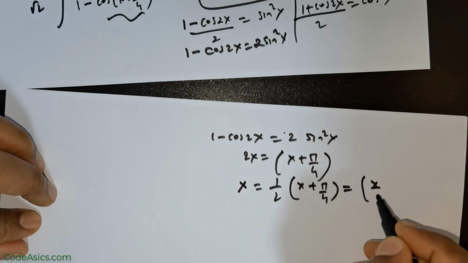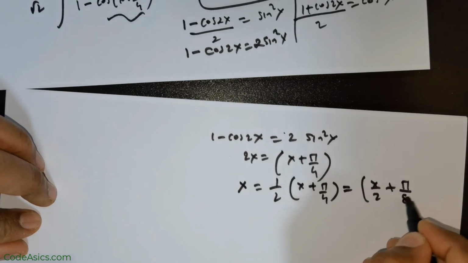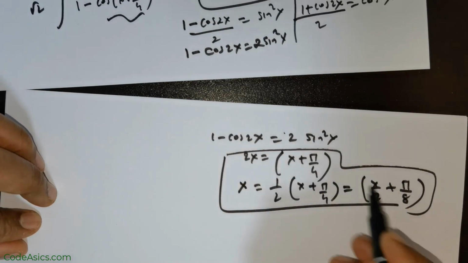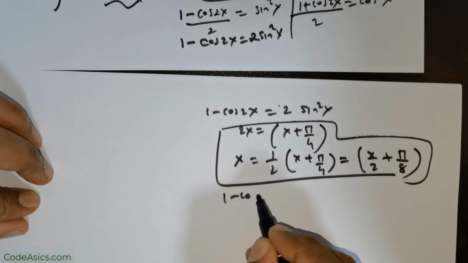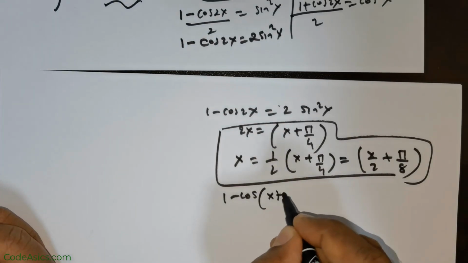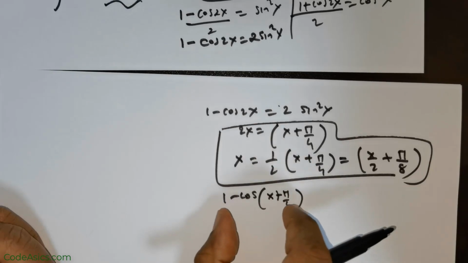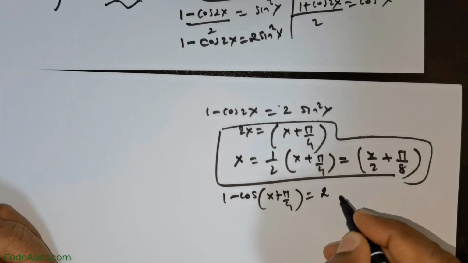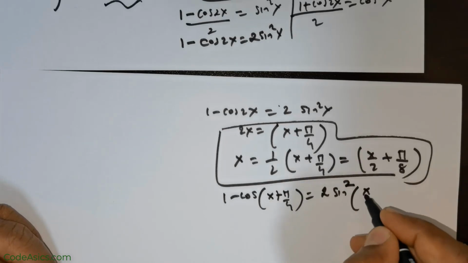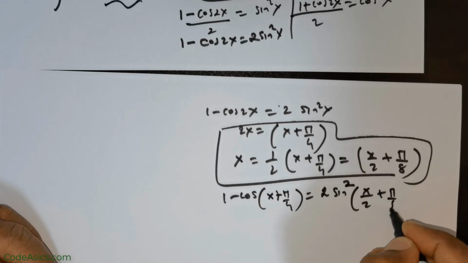I can rewrite this as x over 2 positive pi over 8. So this is my value of x. So with this I can rewrite 1 negative cos of x positive pi over 4, this to be as 2 times of sine squared. In place of x I got x over 2 positive pi over 8.